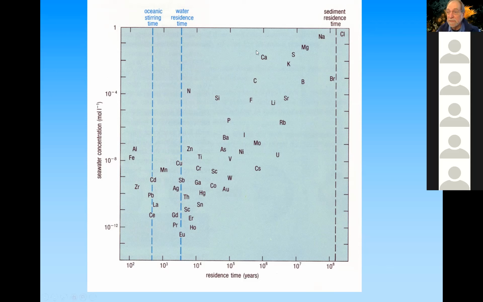Of course, some calcium is redissolving, as we talked about with the calcium compensation depth. Calcium that sinks into the deep ocean does tend to dissolve, and so re-enters the ocean.